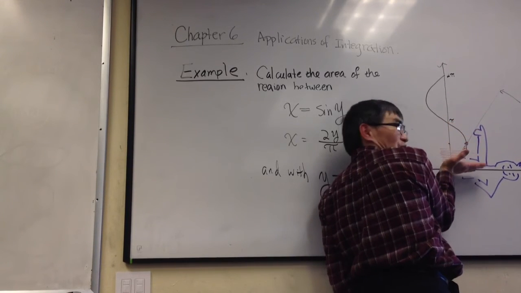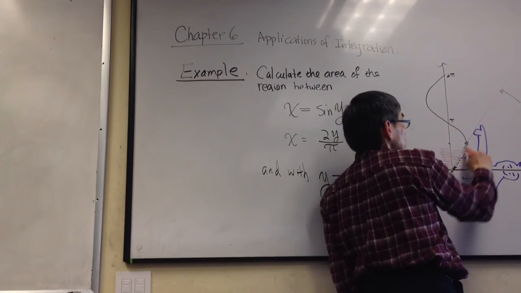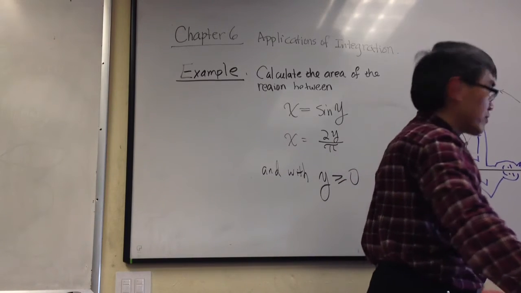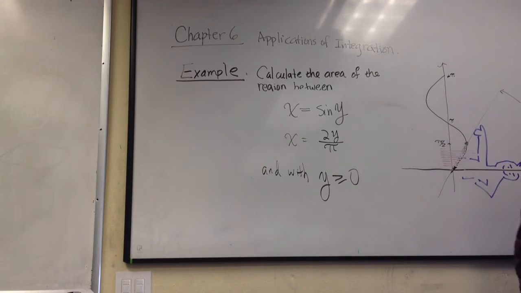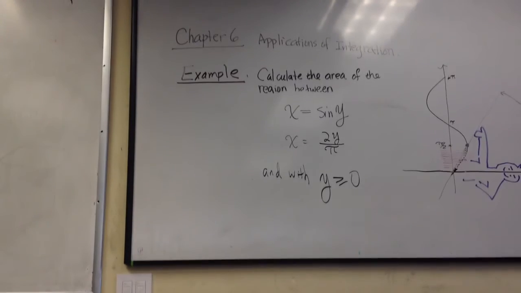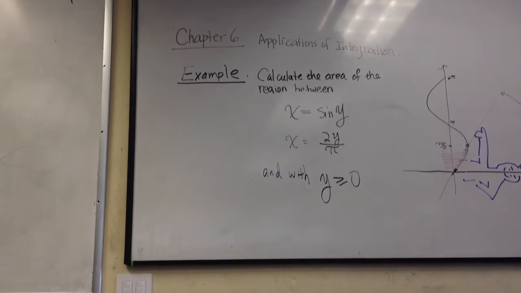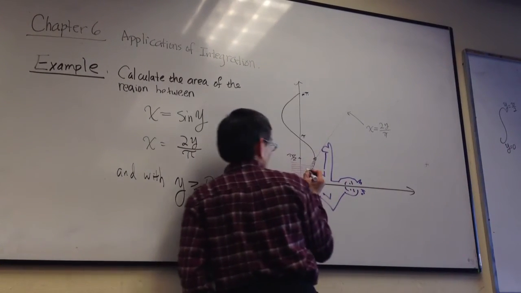At first it is at 0, and I gradually push up until you reach this level, which is pi over 2. So just to remind myself, y goes from 0 to pi over 2. That's the process. And along the way, a typical stopping point would be like this.